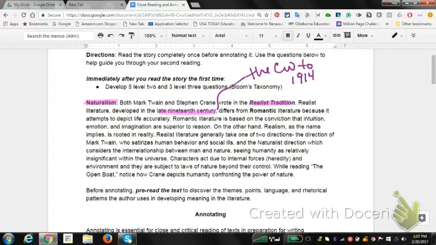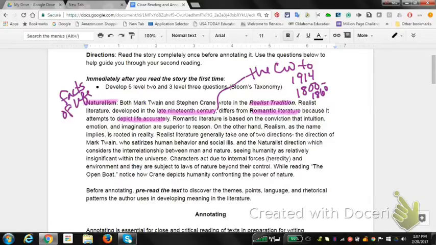It differs from the romantic tradition, which took place in the 1800s to around 1860. Okay, because it depicts life accurately. Okay, this is the facts of life. No pun intended for the television show, that you guys wouldn't know that.